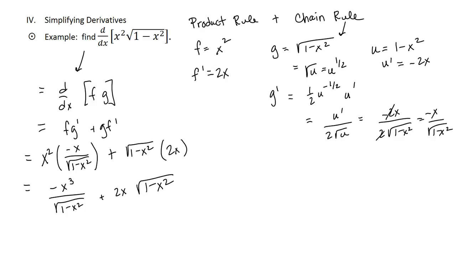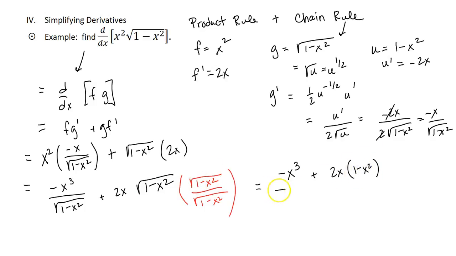So if we wanted to find a common denominator here, we could see that this denominator is the square root of 1 minus x squared. So if I multiply this by the square root of 1 minus x squared divided by the square root of 1 minus x squared, to find that common denominator, I'm going to end up with negative x cubed plus 2x. Now when I multiply this square root by this square root, I just get 1 minus x squared.